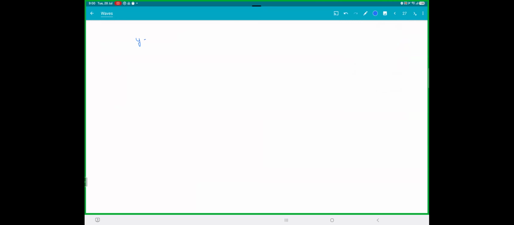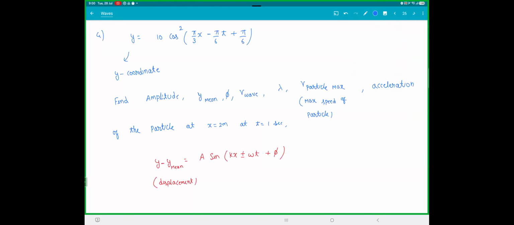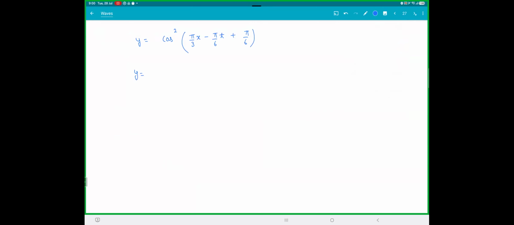So y is equal to cos square of pi by 3 x minus pi by 6 t plus pi by 6. So expand this. Cos square can be written as, there's a 10 also here, 10 into 1 plus cos 2 theta, that will be cos of 2 times pi by 3 x minus pi by 6 t plus pi by 6, overall by 2.